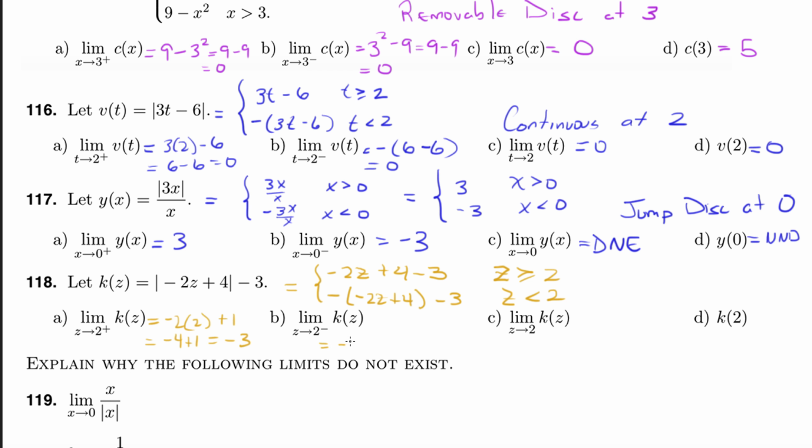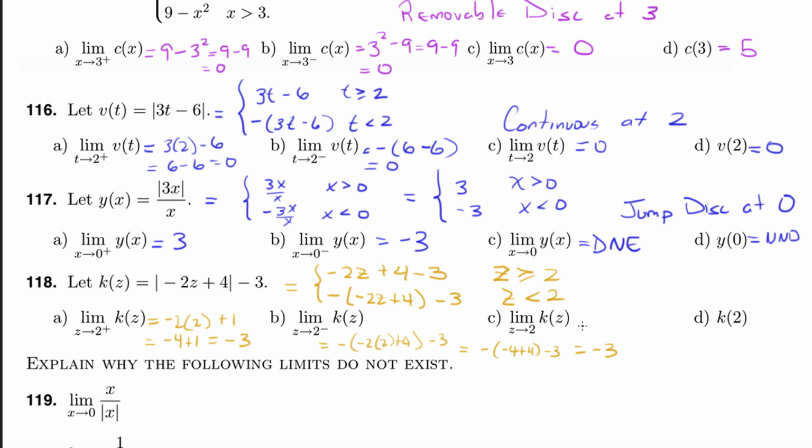So -2 times 2 plus 4 minus 3. That gives me -4 plus 4 minus 3. That gives you -4 plus 4 is 0 times -1 is -0, which is just 0, minus 3 is -3.